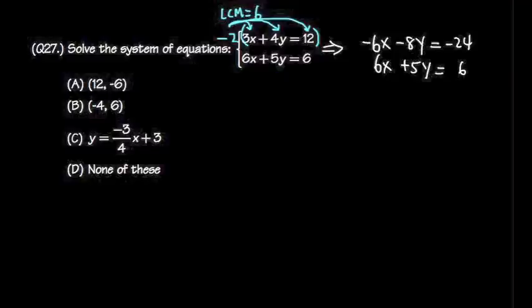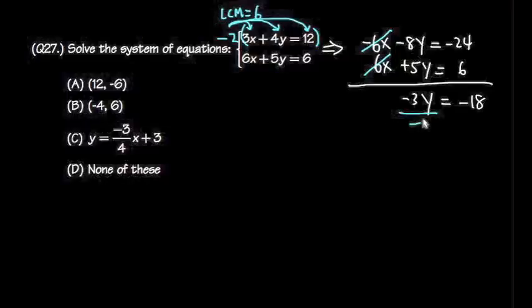And now if you look at these equations, -6x and the 6x right here will cancel each other out when we add these two equations together. Then we end up with -8y plus 5y is -3y, and that's equal to -24 plus 6, it's going to be -18.